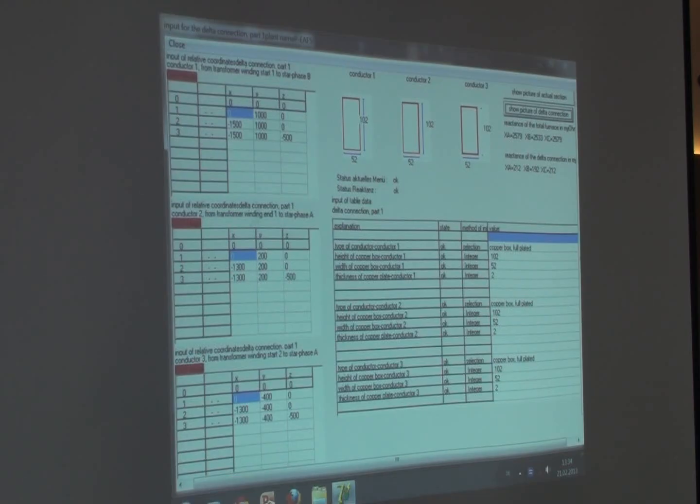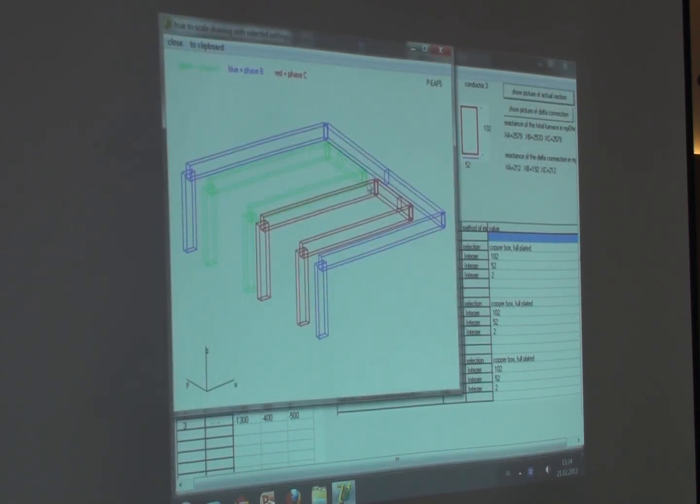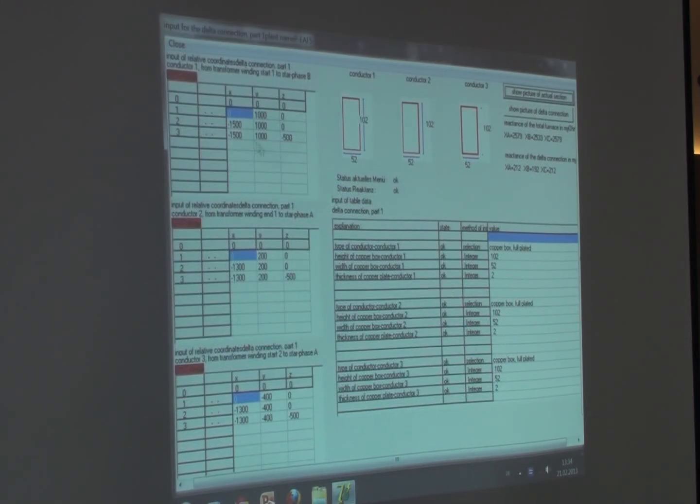Conductor 1 is now going 1000 millimeters in the epsilon direction. This was the first, green. And now we are blue. Go back. We go back 1500 millimeters, and we go down also 500 millimeters. We have 3 paths given by this, explained in my paper here.